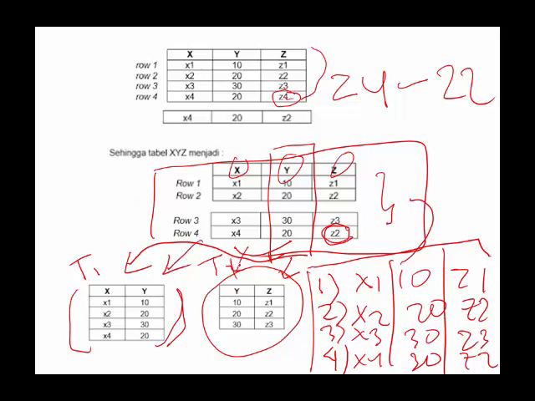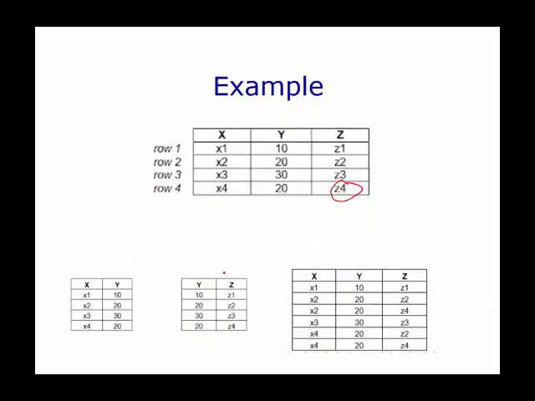So the conclusion is we must look at the data, and see if we decompose it and recombine it again, whether it gives the same result or not. If yes, then you can decompose it. If not, just leave it like this.